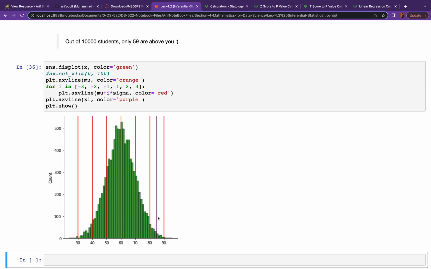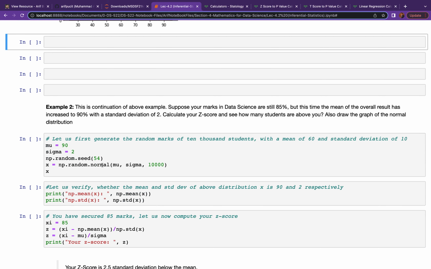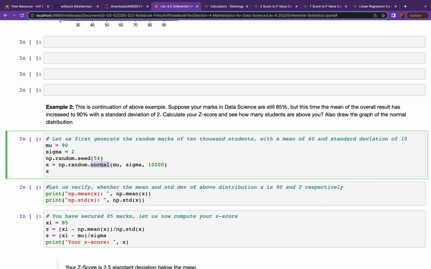Great. Let me repeat the same example with slightly different data this time. Over here, I'm assuming that the 10,000 students of data science have now got better results, like their mean is 90 with a standard deviation of 2.